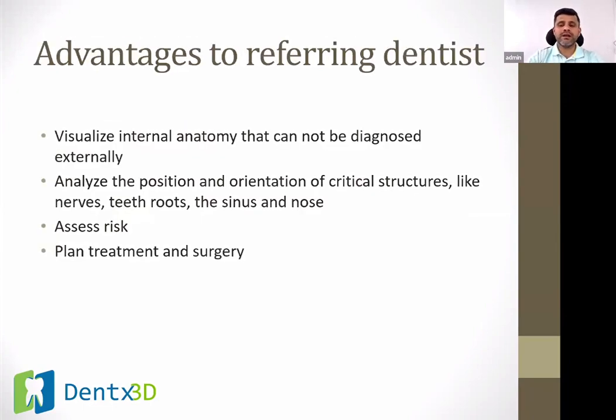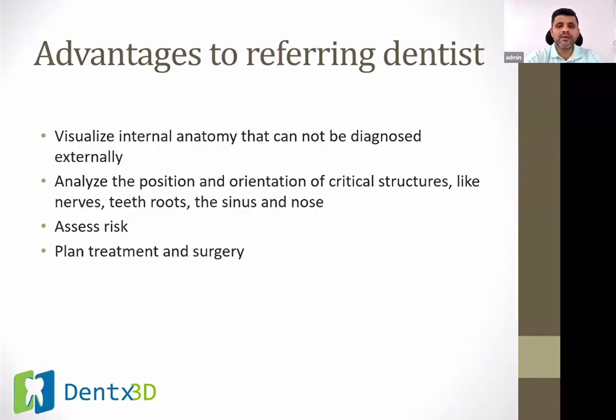Right? So the advantage for the referring dentist because of CBCT is that we can visualize anatomy that cannot be seen externally, right? In a normal surgery, we see from the outside. We won't see what the wall is, what the bone inside is, how much bone there is. All these things cannot be seen clinically, but they can be seen in the CBCT scan.